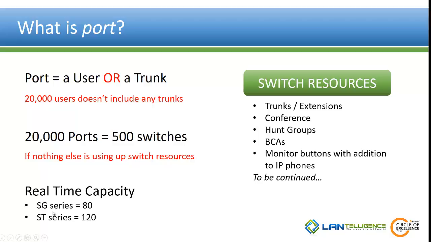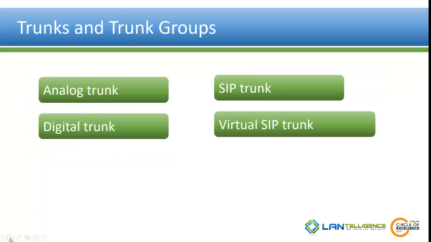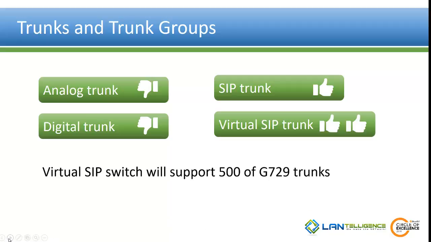The ShoreGear series had 80 ports, where the ST has 120. Trunks and trunk groups, analog trunks, digital trunks, SIP trunks, and virtual SIP trunks. So a virtual SIP trunk switch will support up to 500 G79 trunks.